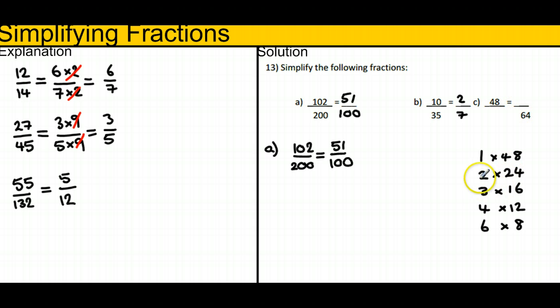So any of those other factors could simplify a bit further, so it wouldn't be fully simplified. So we're going to have a look at these two and see what we get. We're going to start by saying that's 3, which means to get from there to there, go to times by 16, which means we'd have to do the same to work out our denominator. Means that is one option.